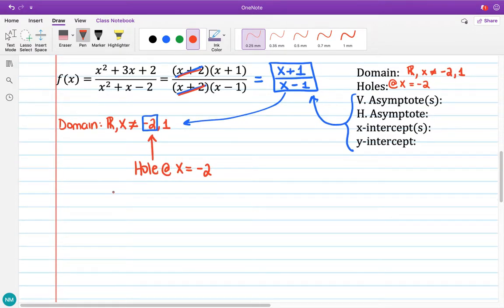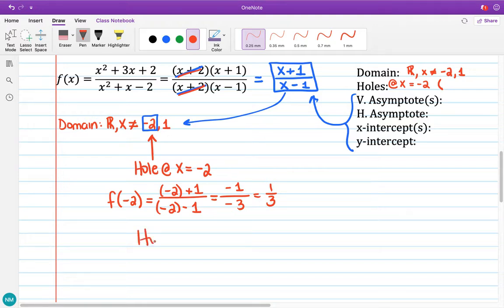So f of -2 equals, plugging into this function, -2 plus 1 over -2 minus 1. -2 plus 1 is -1 over -3, and so I get 1/3. So my hole is at -2 and 1/3.